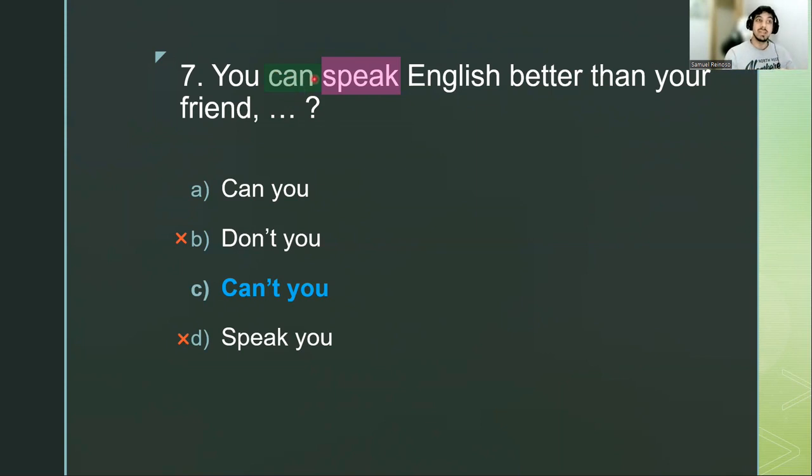So if we use can, now we have to use can't. Can't you? Okay. If you use here can't in negative, here we would have to use affirmative. That's it. Okay, so then the only possibility here is can't you? You can speak English better than your friend, can't you? Okay, that was great. Next one.